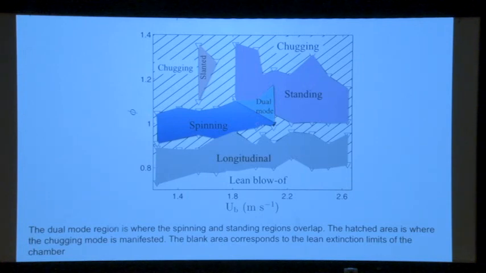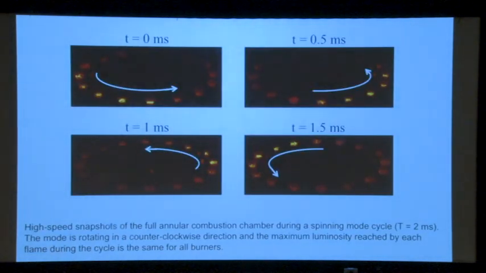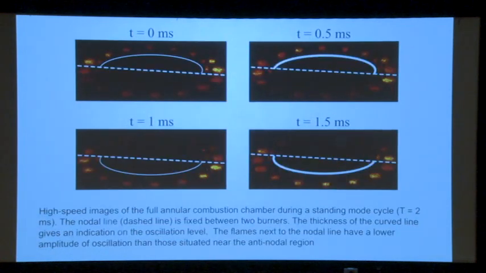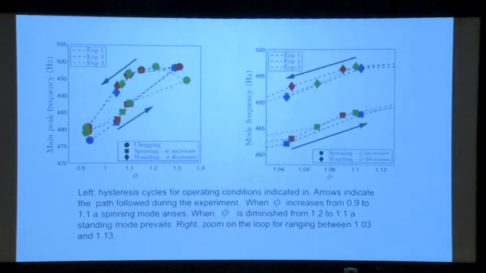And this depends on the way you get there. If you are here and you get there from a spinning situation, you get a spinning mode. And if you're here standing and you go here, you get a standing mode. So basically, this is the spinning mode. This is a standing mode.